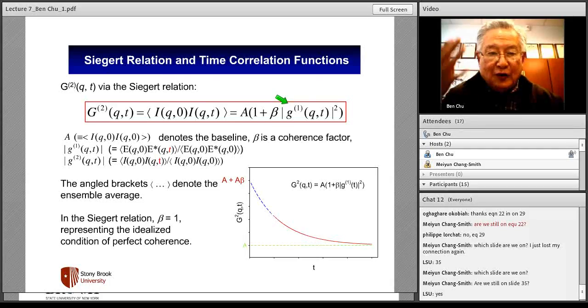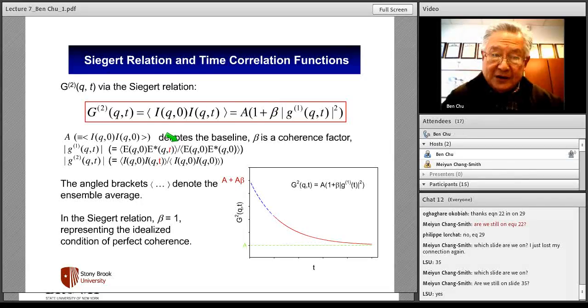So there are four terms in this one, and this one here has only 2 terms. But this one has a lowercase g, which means this time correlation function has been normalized by the denominator, E(0) and E star(0), by this term here.